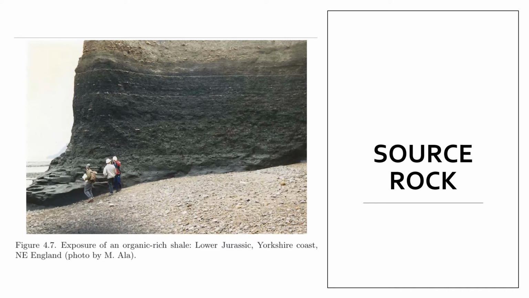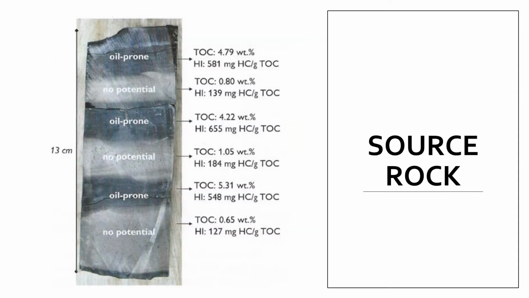Now, this is an example of a source rock from England. You can see here a dark colored rock, which is indicative of organic content. And this is a close up of a source rock sample. You can see here alternating oil prone and low potential rock.